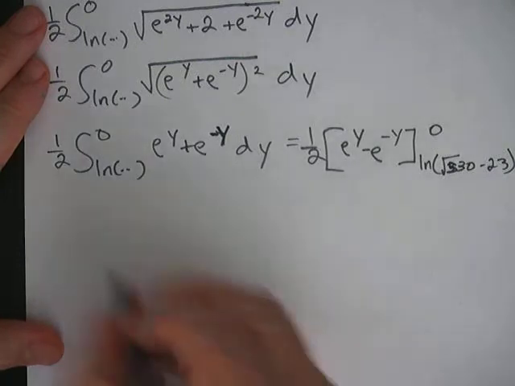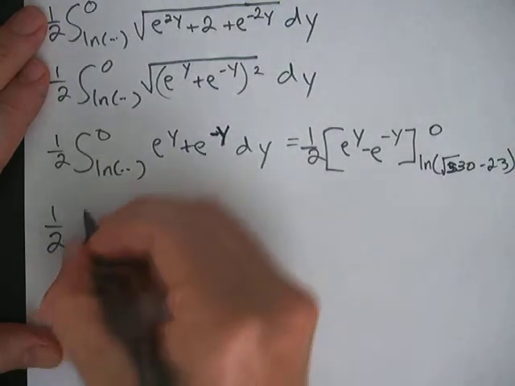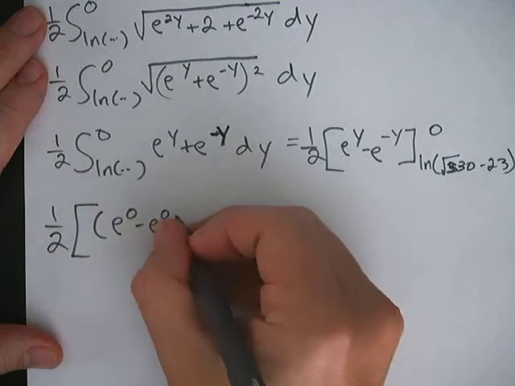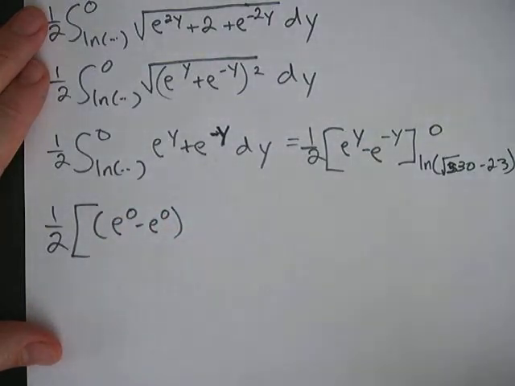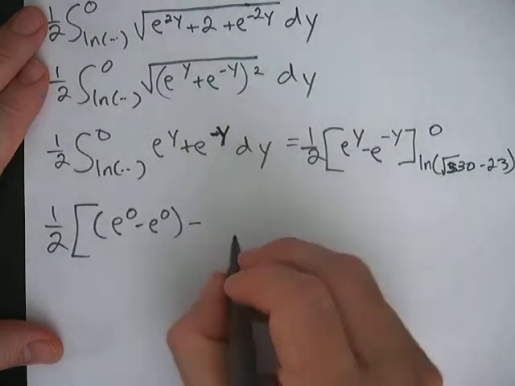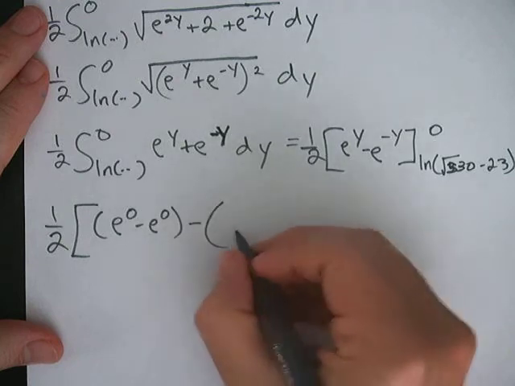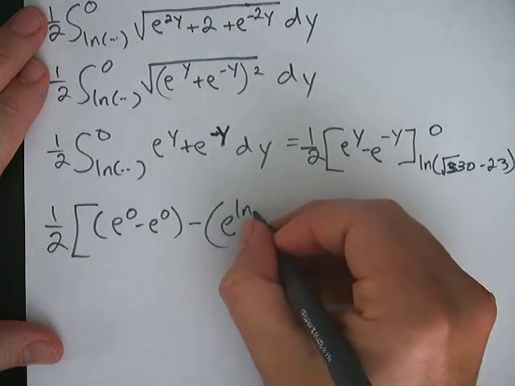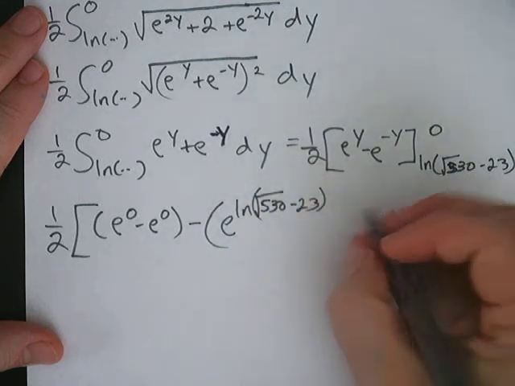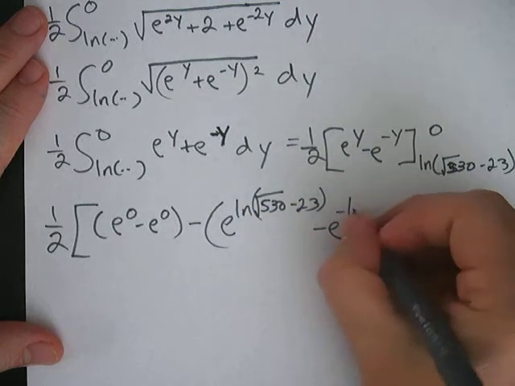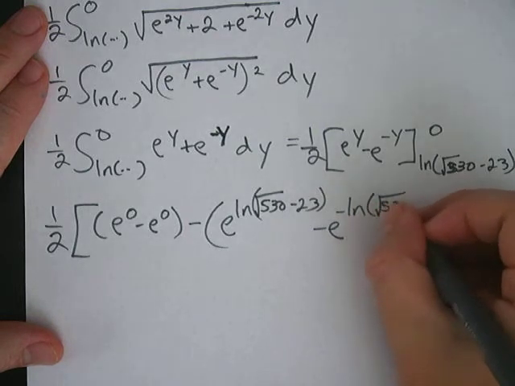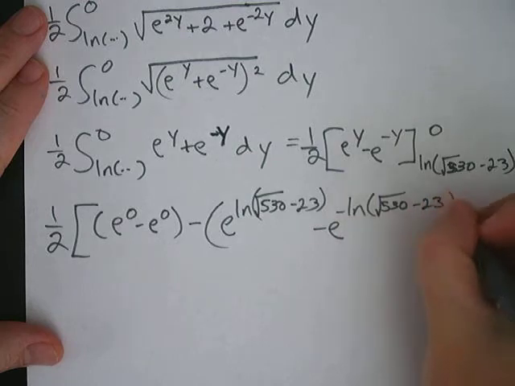When we plug those in, we get 1/2, let's see, e to the 0 minus e to the 0. That's just 1 minus 1, which is 0. So the upper limit doesn't really do much for us. Minus, and then we have e to the ln square root 530 minus 23 minus e to the -ln of square root 530 minus 23.